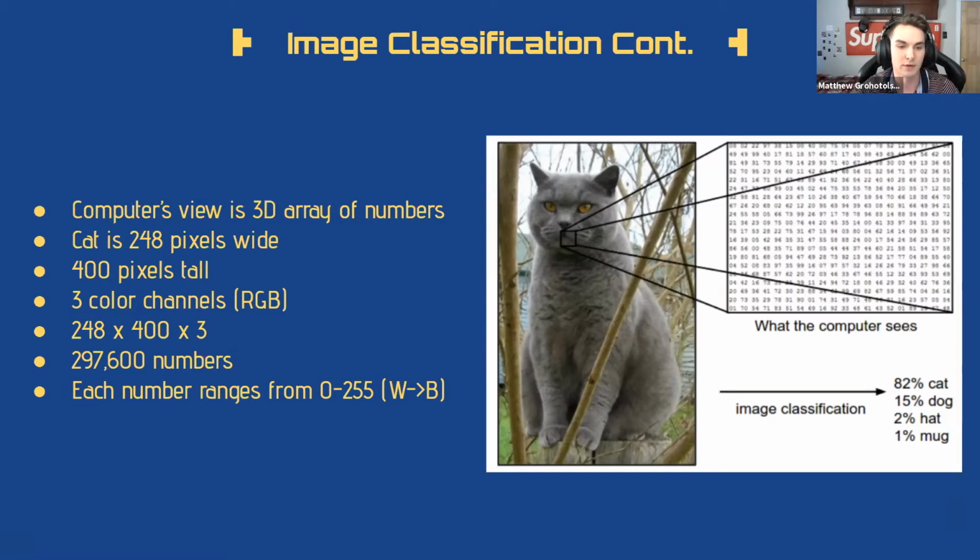So that'll give us our 3D matrix of numbers, and that gives us a lot of data to classify the image. Each pixel can have a value from 0 to 255 in each respective category, red, green, and blue. So that's a little bit of how the computer can see an image, and then we'll go on to how it can learn in future slides here.